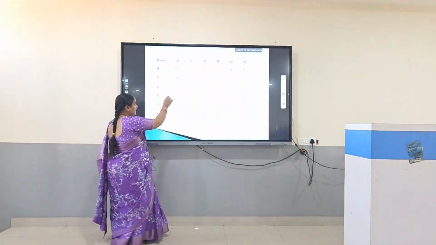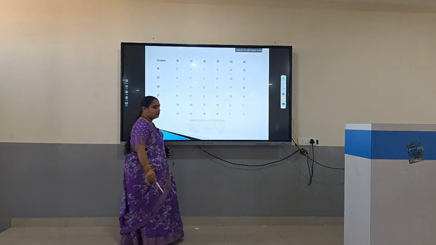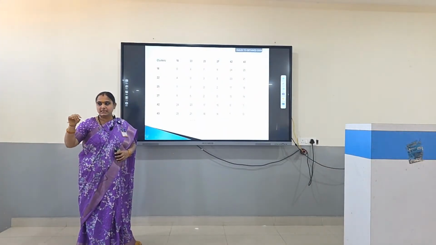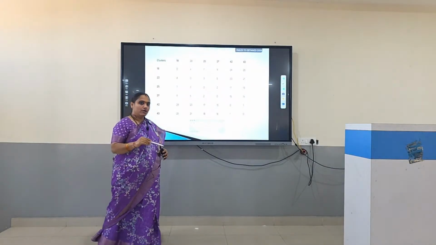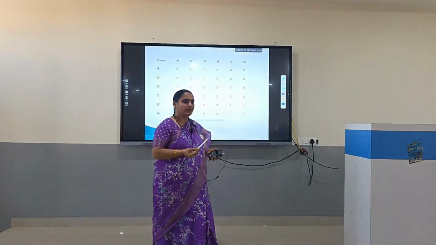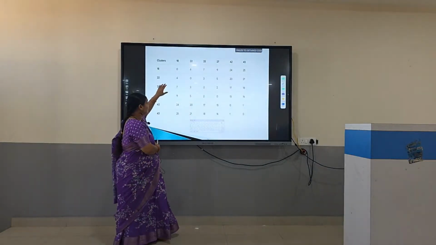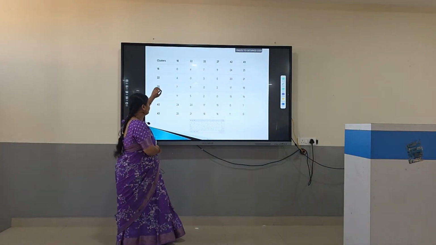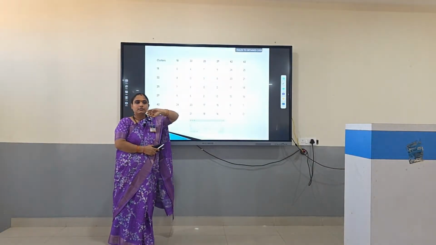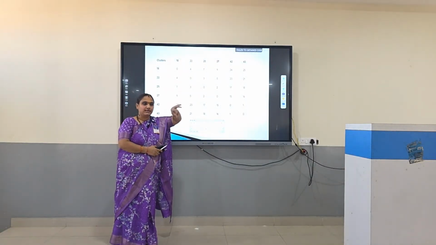Always the diagonal values are 0 only. Why? Because the distance between a data point and itself is 0 only. Yes or no? Always the distance between the same data point is 0 only. For that reason, the diagonal values we are getting are 0. Then after that, there is no specification of which cluster it is related to.